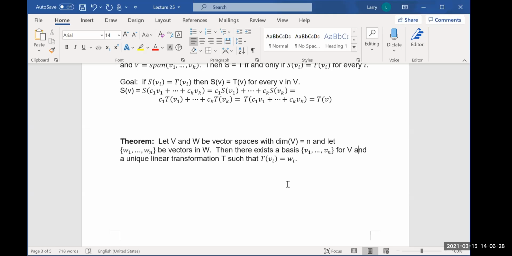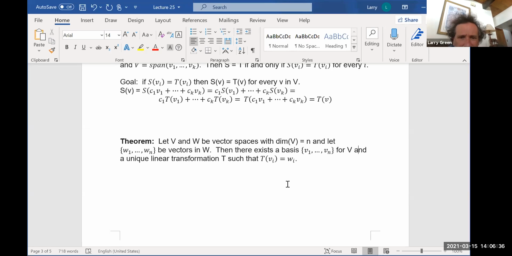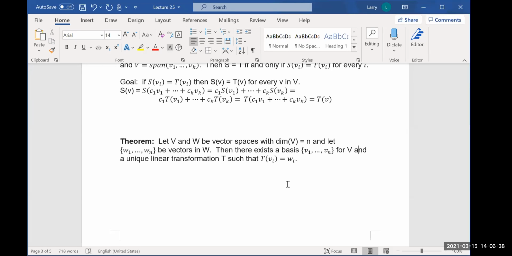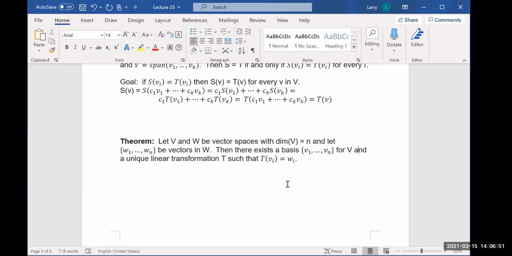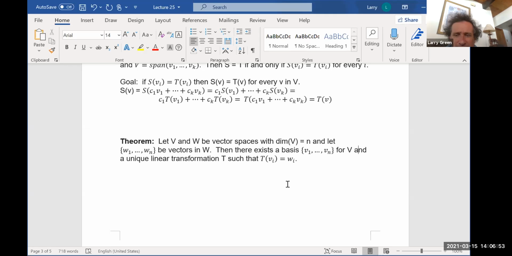I have a quick question. Would this be considered a Jacobian? A unique linear transformation from one vector space to a different one? Well, Jacobians are pretty specialized, right? Jacobians are partial derivatives of a function of multiple variables.